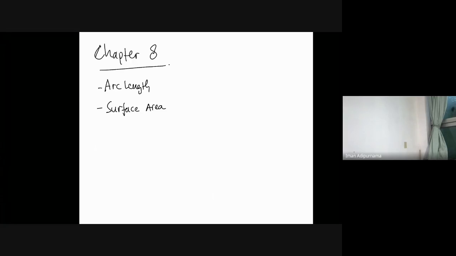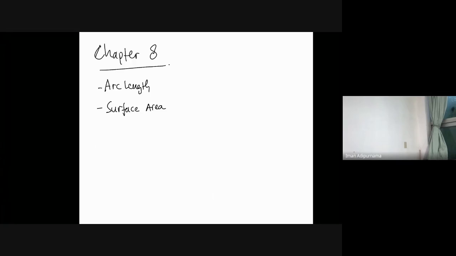Imagine that it becomes a solid, right? But for the surface area, we only calculate the area on the surface, not the volume. So that is the other case, and arc length will be related to surface area.